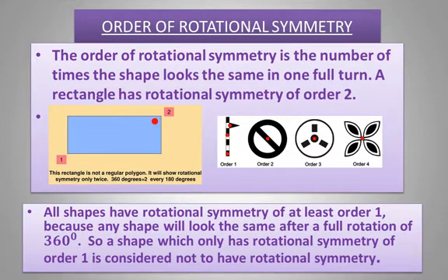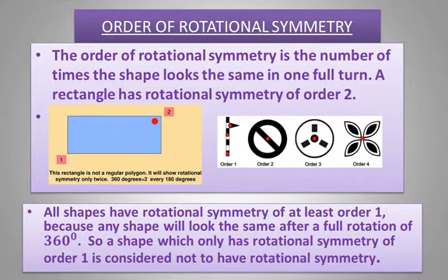We already discussed order of rotational symmetry in the last session, but here I am giving more examples to make you understand. I am going a little deeper in this chapter because this is a tough chapter and you have to understand more with more examples. Today we are going to finish it after this session.